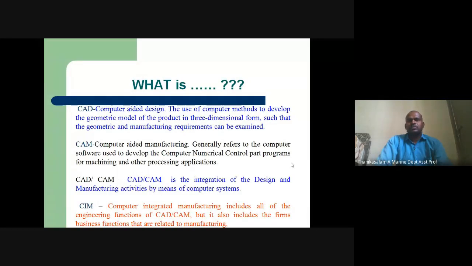Before going to discuss computer integrated manufacturing, we must know CAD, computer aided design. The use of computer methods to develop the geometric model of the product in three-dimensional form such that the geometric and the manufacturing requirements can be examined.